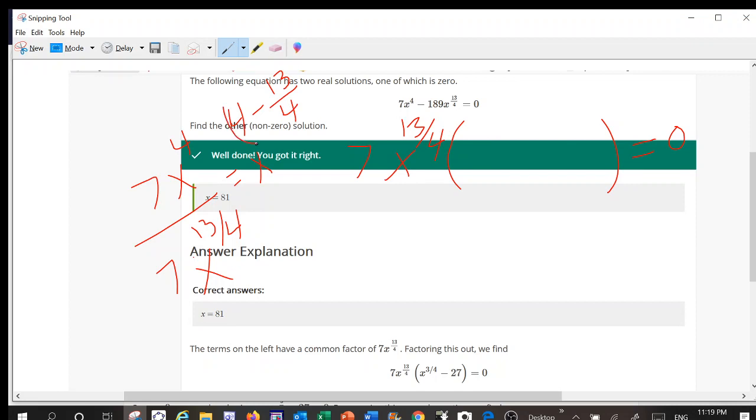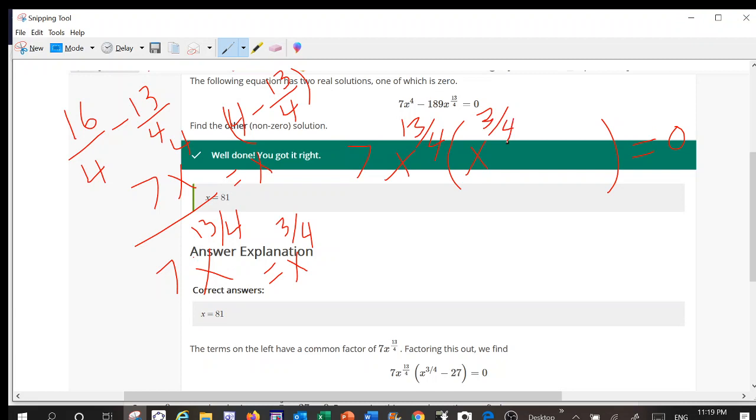So this is the exponent of x here. So what would that be? Well, that would be x to, what is 4 with the denominator of 4? Well, that would be 16 over 4 minus 13 over 4, which is what? Which is 3 over 4. That would be 3 over 4, right? So that would be x to 3 over 4.